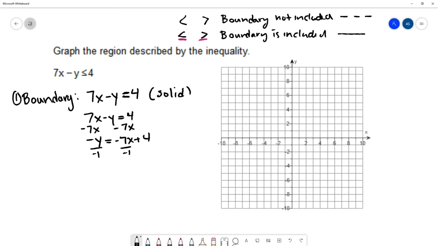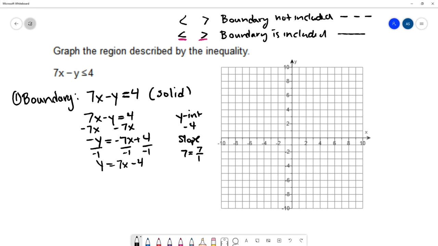Divide by negative 1. And we get y equals 7x minus 4. This is an equation in slope-intercept form. The y-intercept is negative 4, and the slope is 7, and we write that as 7 over 1.